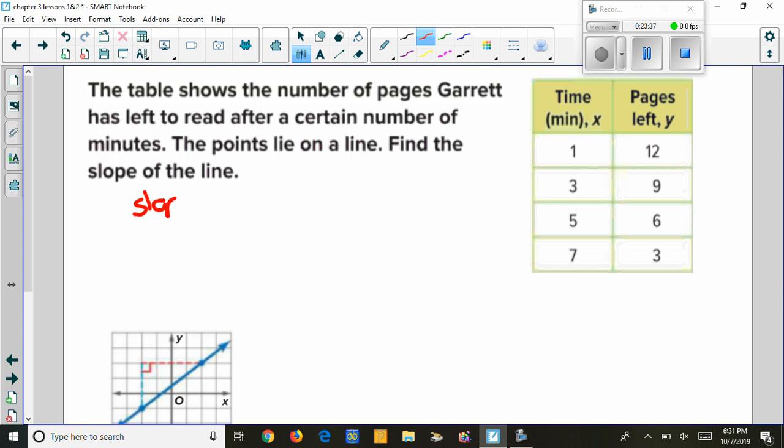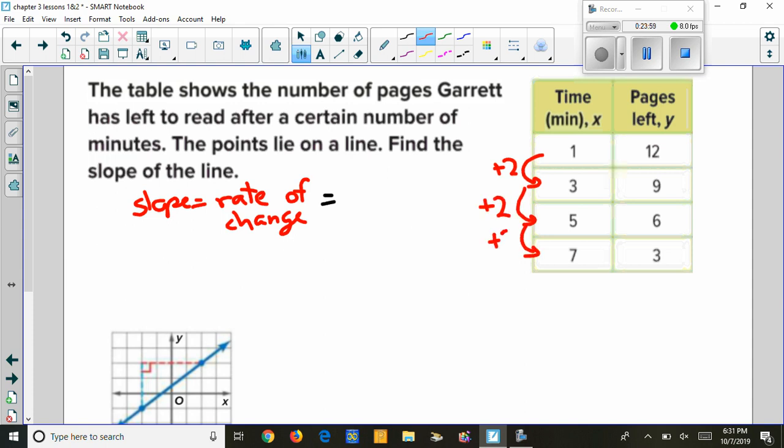So slope equals rate of change. So that's going to equal, let's see, this is plus 2, this is plus 2, and then plus 2. My y's are going down by 3.